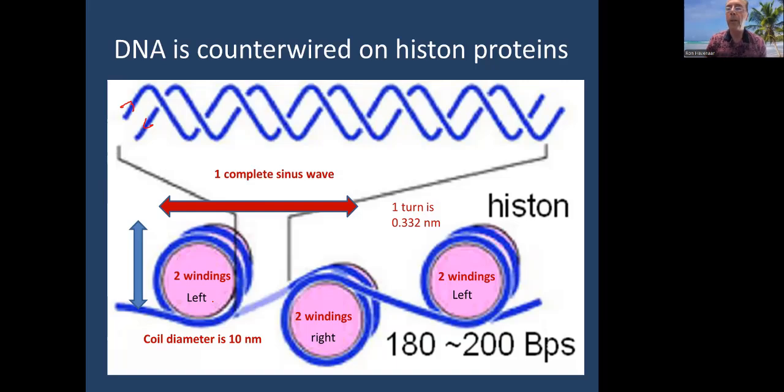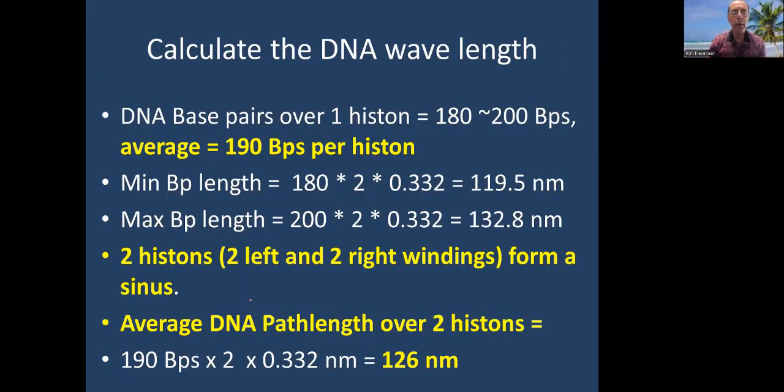One complete sine wave is two windings left and two windings right. If you calculate the size, the average winding around histones is 190 bases per histone, which leads to two histones, and that has a total path length of 126 nanometers. And that is important.